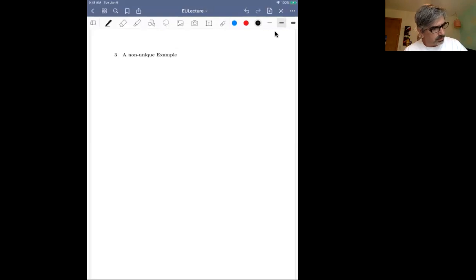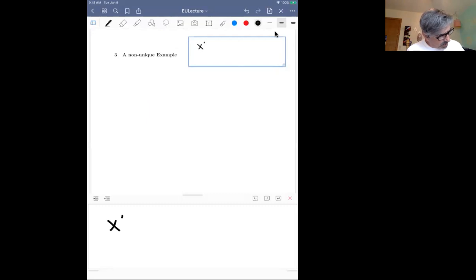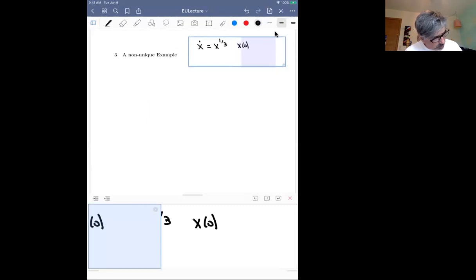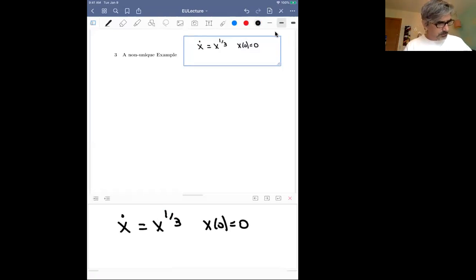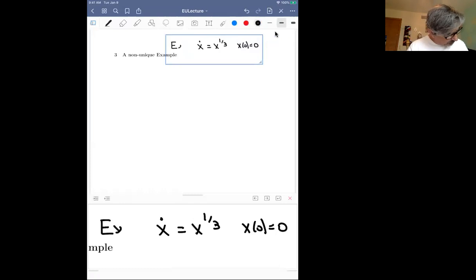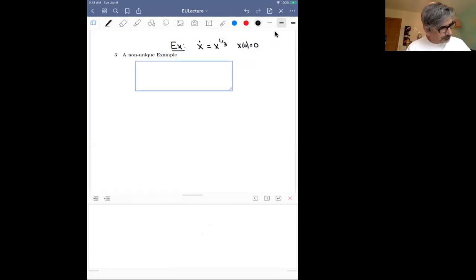And the example is this. x dot equals x to the 1/3, with an initial condition that x of 0 is equal to 0. So that's the example we want to look at.